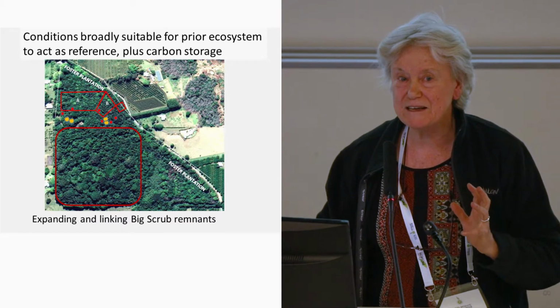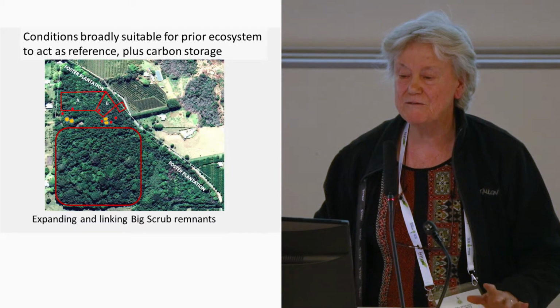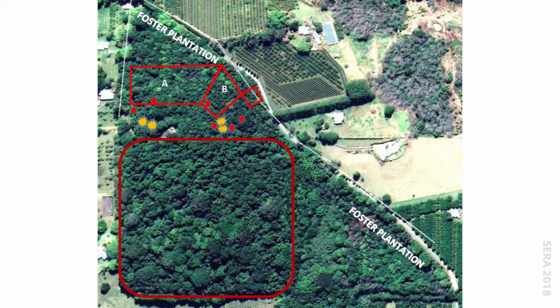Now, the reference ecosystem for most of the sites there is the prior ecosystem, and here's an example at Victoria Park in Alstonville, where inside the square is the remnant, and the triangular bits on the top and right-hand side of that remnant, they're replantings, but they're replantings that harness natural resilience, that's some dispersal by birds and bats of species coming from the remnant. So it's totally appropriate to use the prior ecosystem or the existing ecosystem in that case.